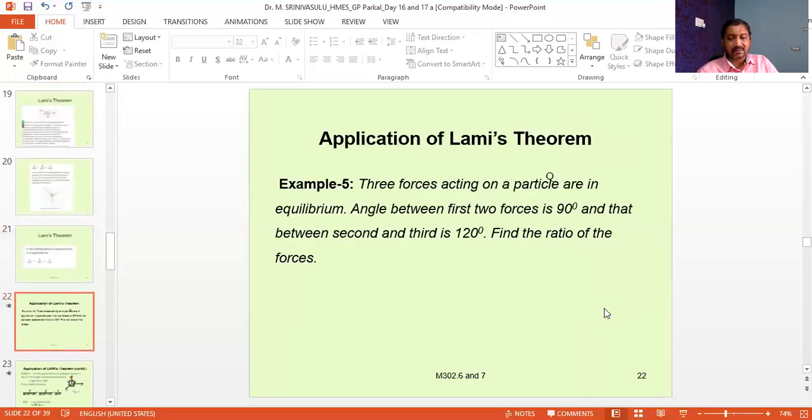We have also applied Lami's theorem to solve a problem to find the ratio of the forces.